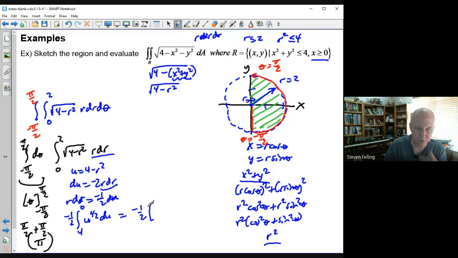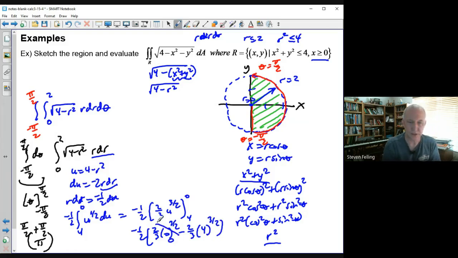So this is going to end up being negative 1/2. The antiderivative here would be 2/3 u to the 3/2 evaluated from 4 to 0. So we're going to have 2/3 times 0 to the 3/2 minus 2/3 times 4 to the 3/2. This is 0. And 4 to the 3/2 is 8.